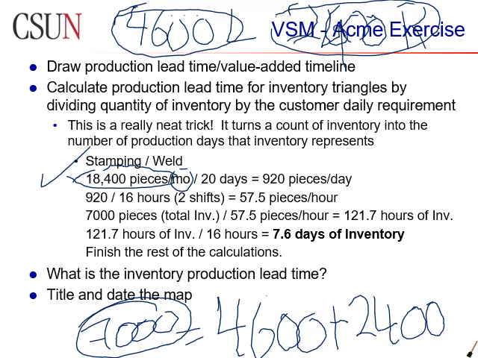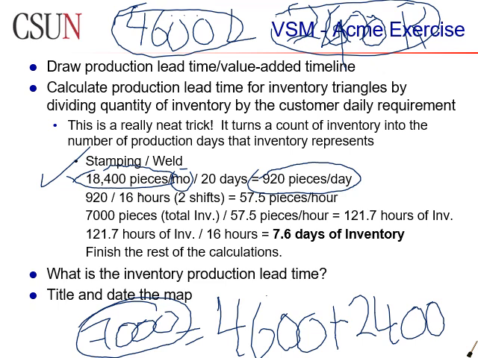And by month, we mean that you'll be working 20 days. In that case, for the company here, the month consists of 20 days. So they need to produce 920 pieces per day. Okay, then how many hours do they work per day?